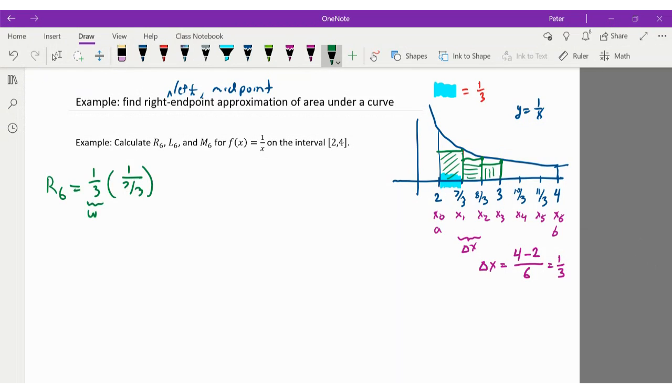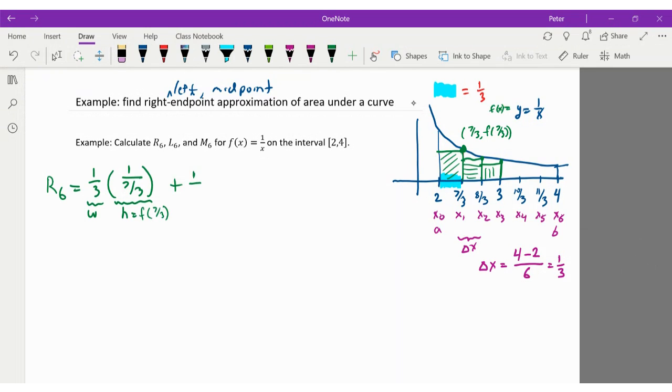That's the width of the first rectangle. And this is its height, because the height is going to equal f of 7/3, where f of x, which is y, is 1 over x. So I'm just plugging x1 into the function. Since it's the reciprocal function, that gives me 1 over 7/3. So that's the first rectangle.